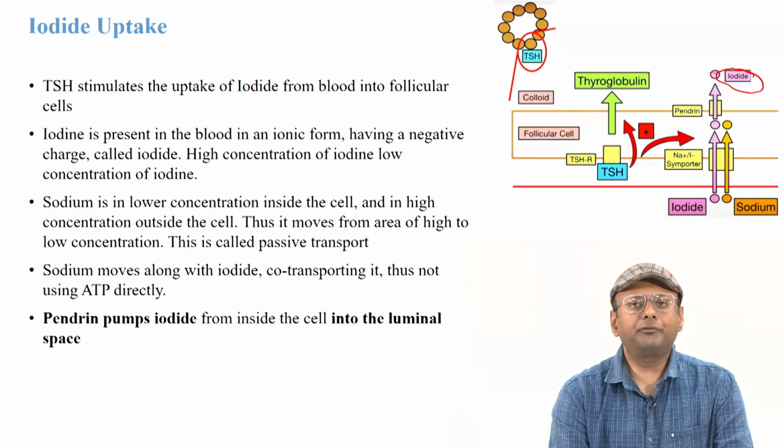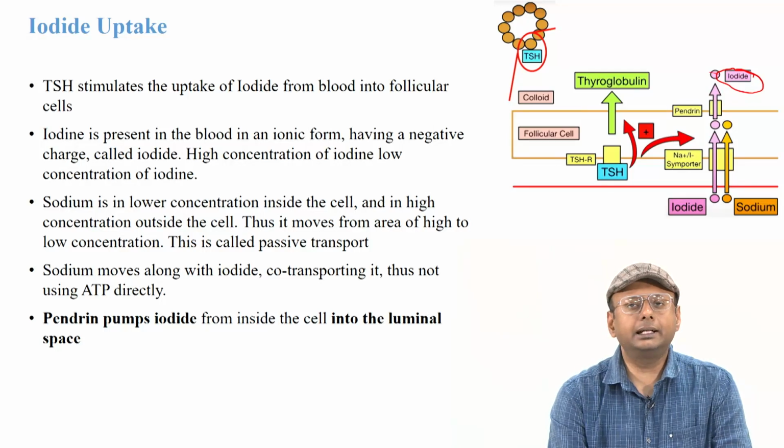So where will we get the iodide from? Basically we consume different types of food, and iodine is one of the components of the food nutrients. That iodine can get ionized into the iodide ion, which is I minus.